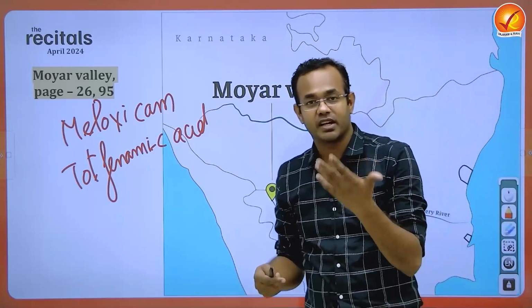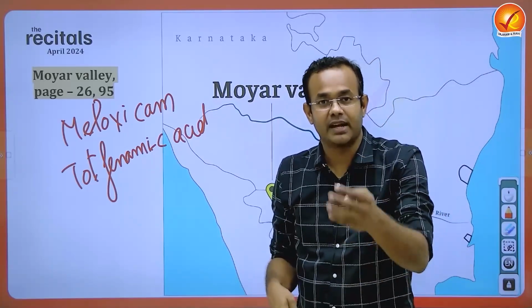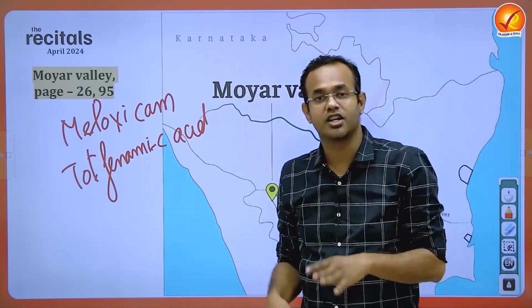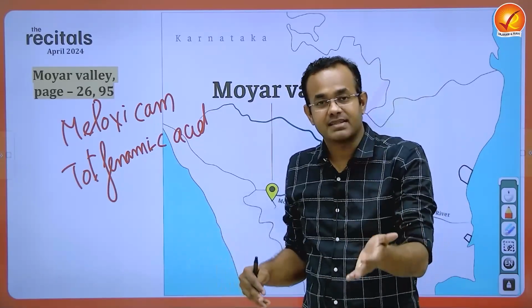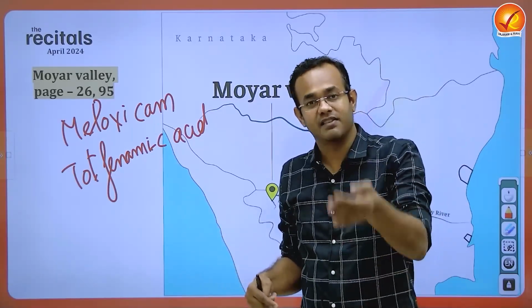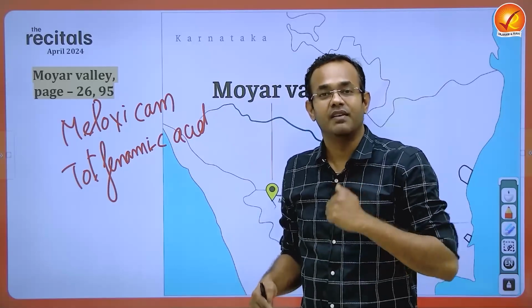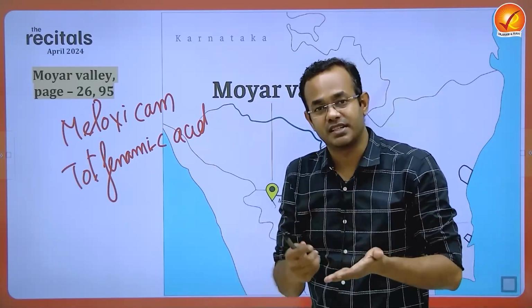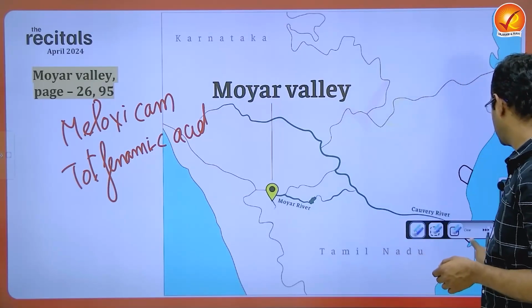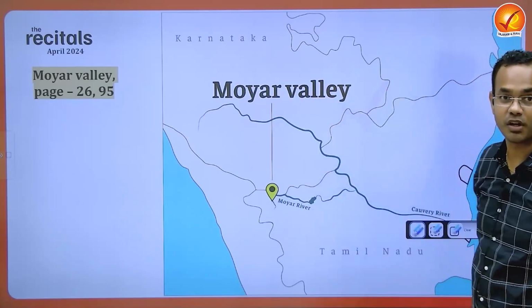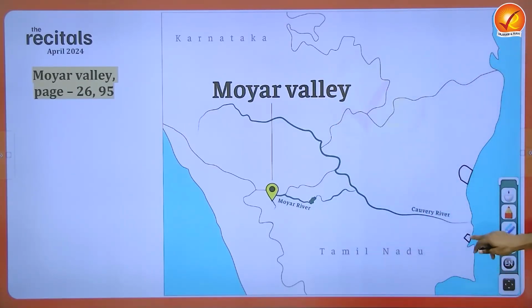Instead of diclofenac and acetofenac, if meloxicam is given to the cattle and the cattle dies and is consumed by the vulture, the vulture does not get affected here. Torfenamic acid is given to the cattle, cattle dies, vulture consumes the carcass, vulture is not affected. So we changed it. We took multiple other measures as well. And coming back to the Moyar Valley, it has a good amount of gyps vulture, right?